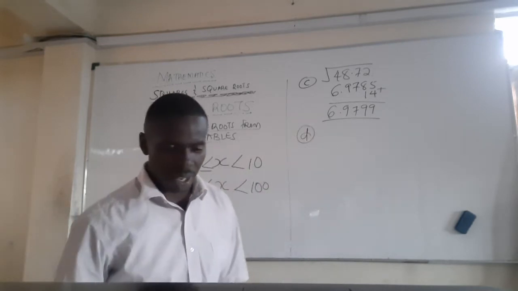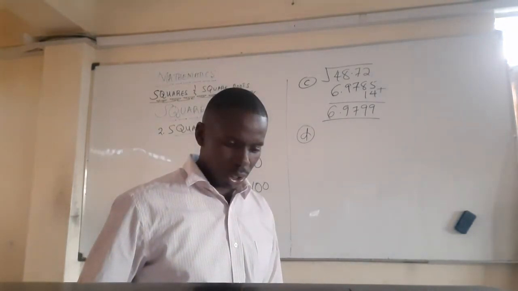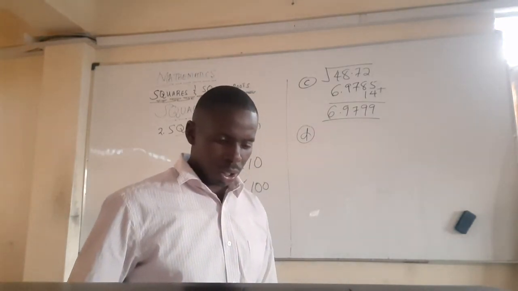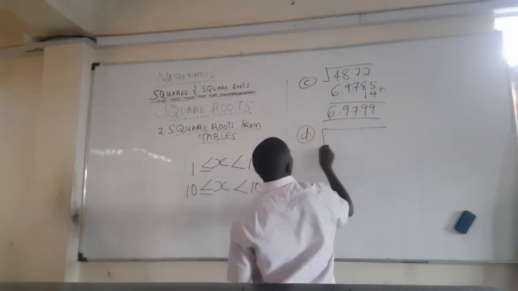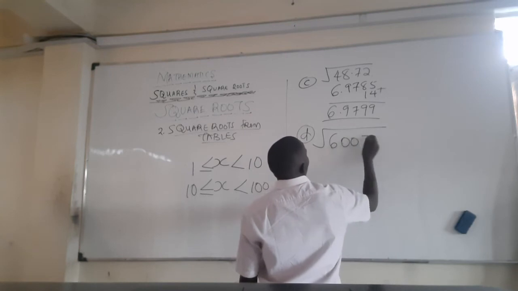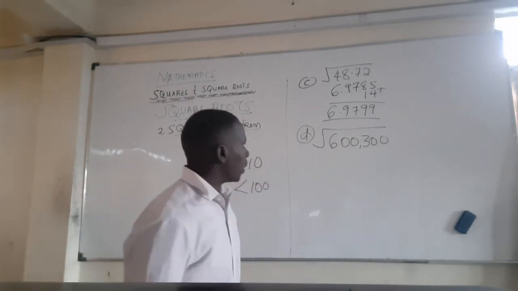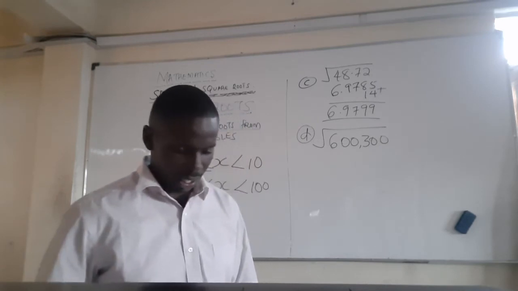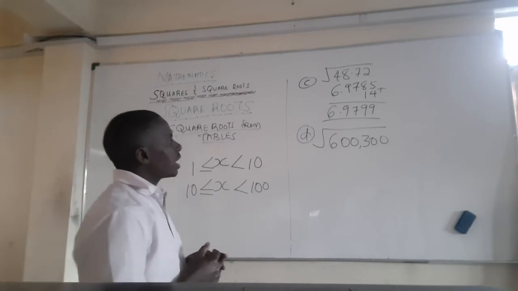Second to last question. We are going to look at the square root of 600,300.